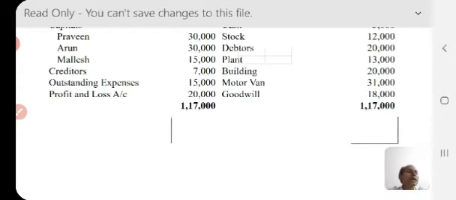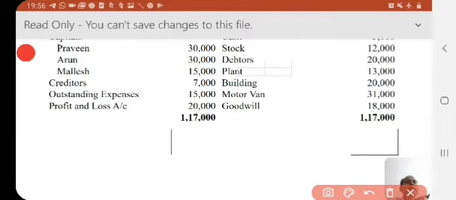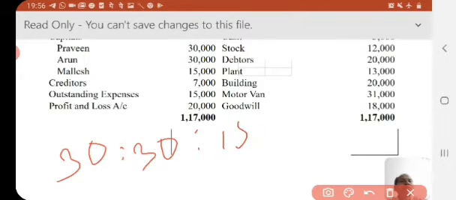So what is the ratio? 30 is to 30 is to 15. 5 3s are 15, 5 6s are 30. So 6 is to 6 is to 3 is the ratio.